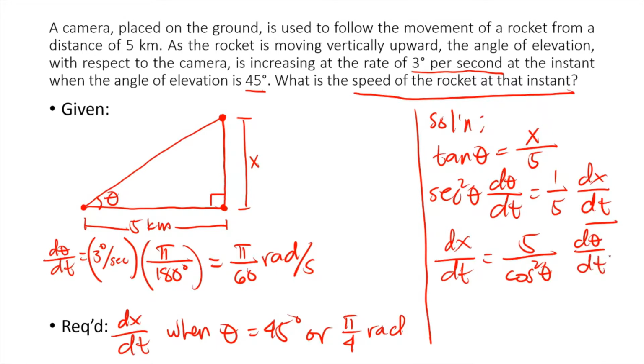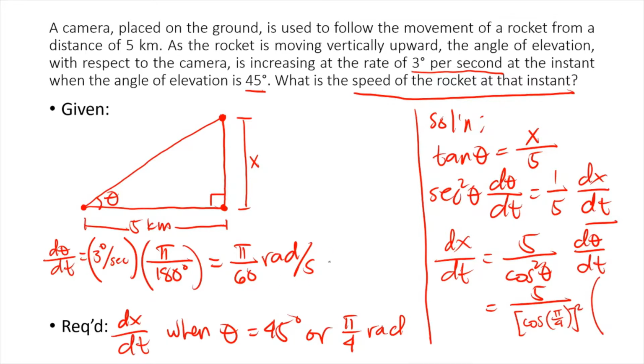Okay, so we can now plug in the known quantities. We have here 5 over cosine of theta, where theta is 45 degrees or pi over 4, squared, times d theta dt.